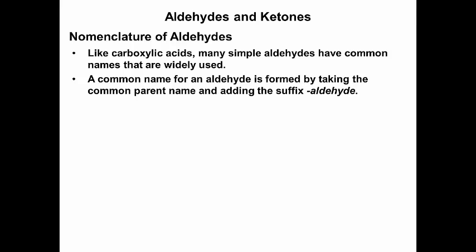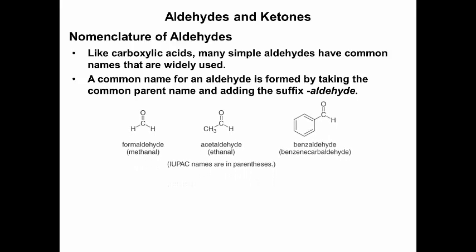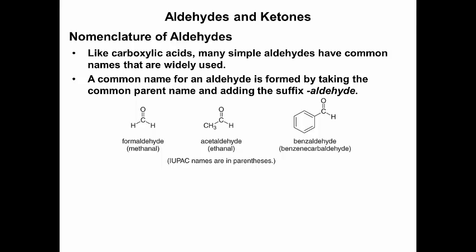Like carboxylic acids, many simple aldehydes have common names that are widely used. A common name for an aldehyde is formed by taking the common parent name and adding the suffix aldehyde to it. For example, formaldehyde, which is the common name for methanal, is obtained from formic acid.